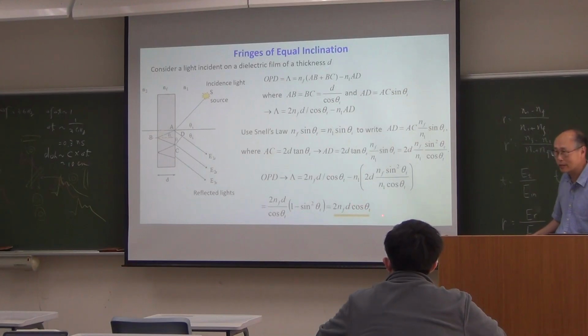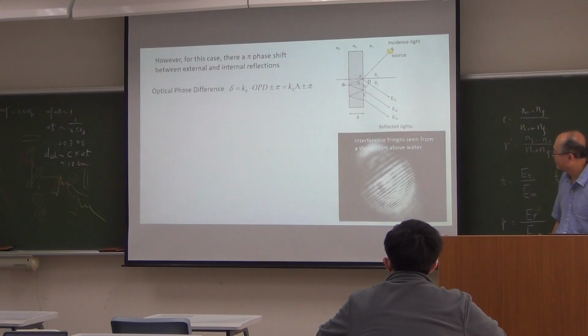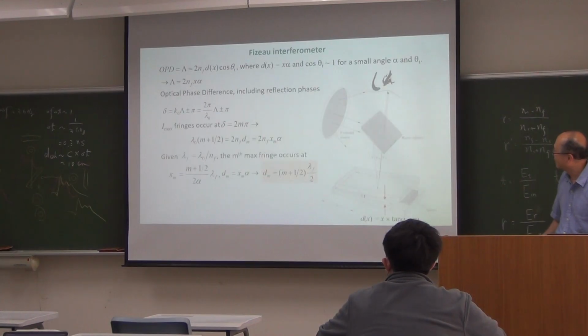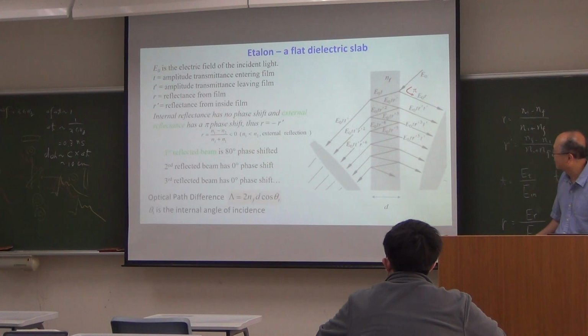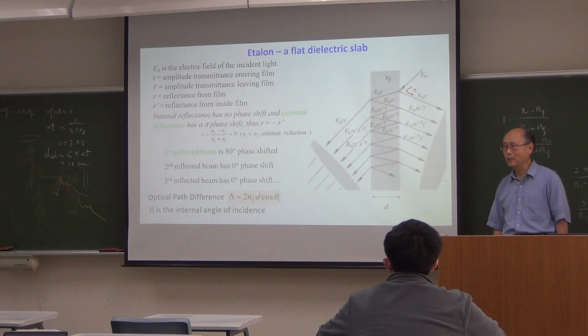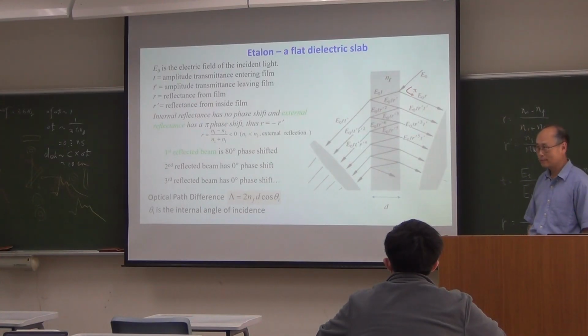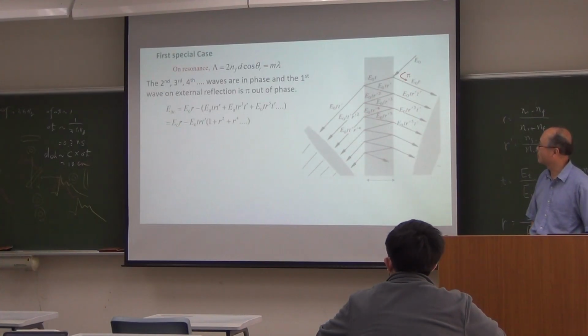So we have done this calculation, and we just copy down the results. So we have the optical path difference right here, and theta t is the internal angle of incidence inside this beam. So this is the setup for this problem. Is there any question? No question. Then let's do the calculation.